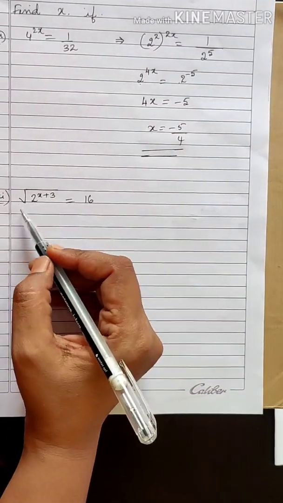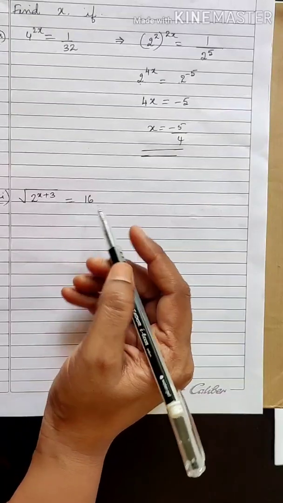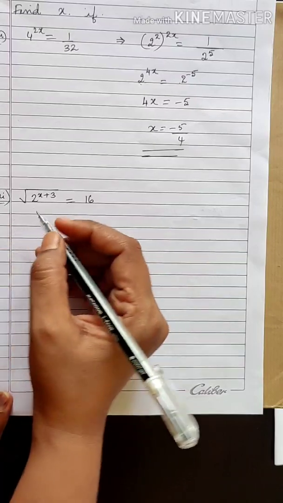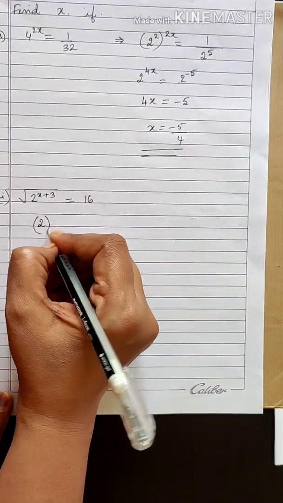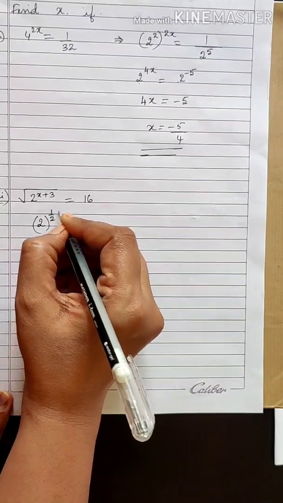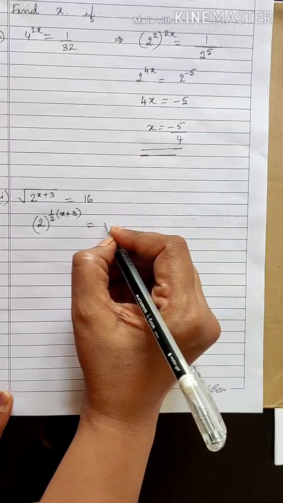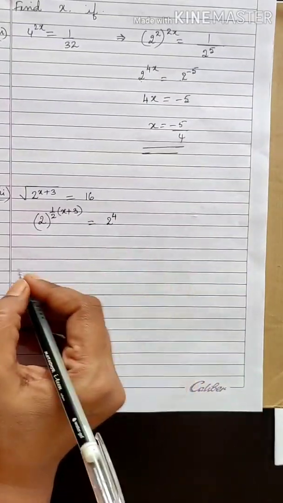Next, square root of 2 to the power of x+3 is equal to 16. Now you know whenever there is a square root, the power is half. So the square root can be changed as half of x+3 is equal to, now 16 can be expressed in terms of 2 as 2 to the power of 4.